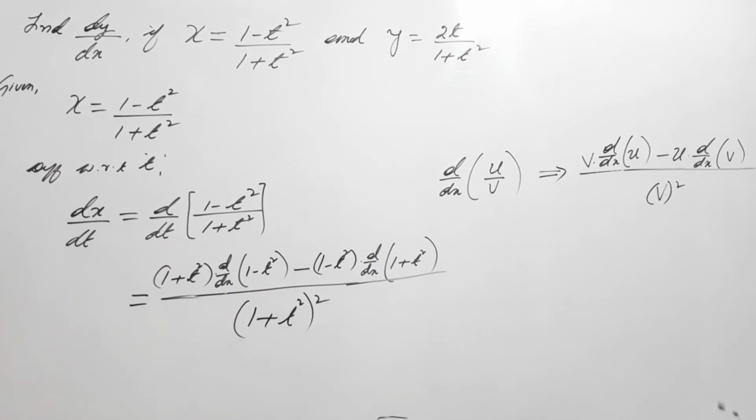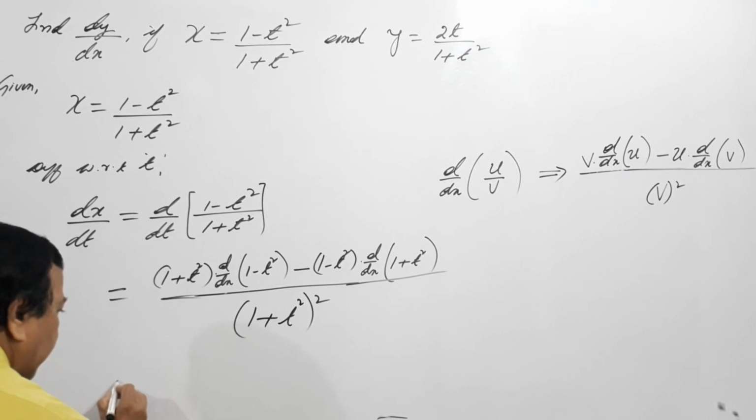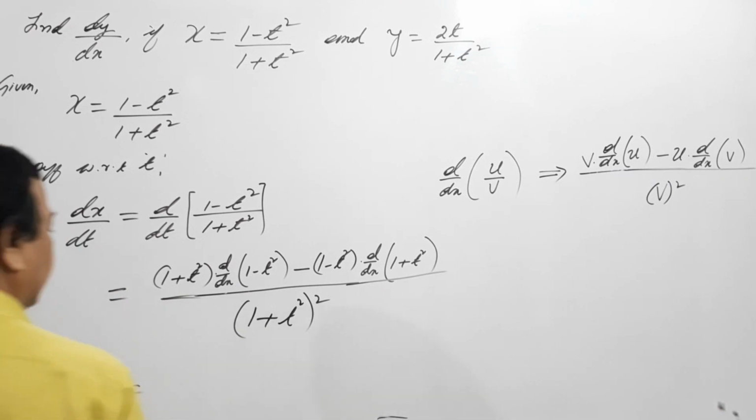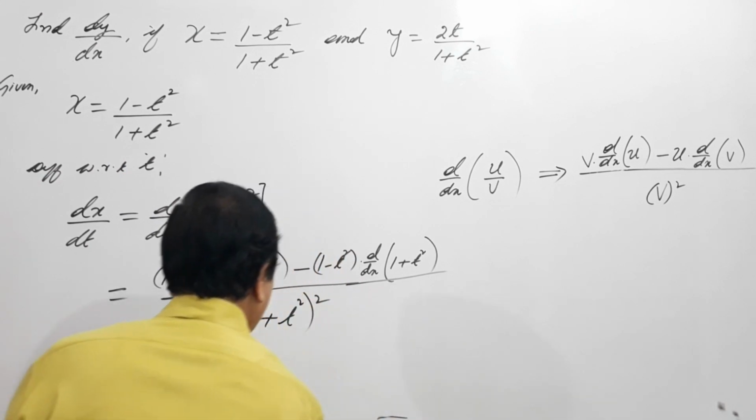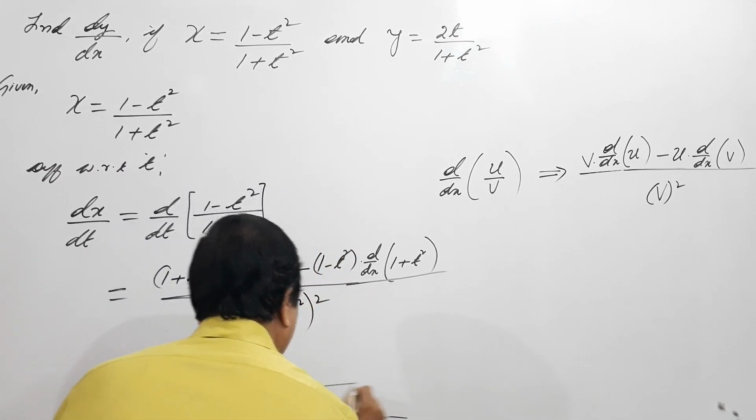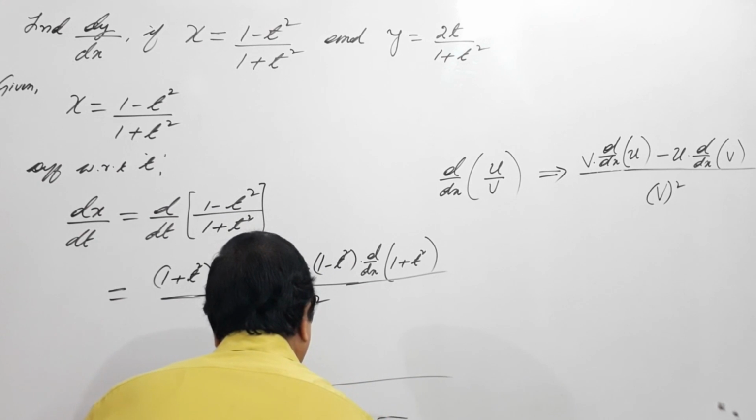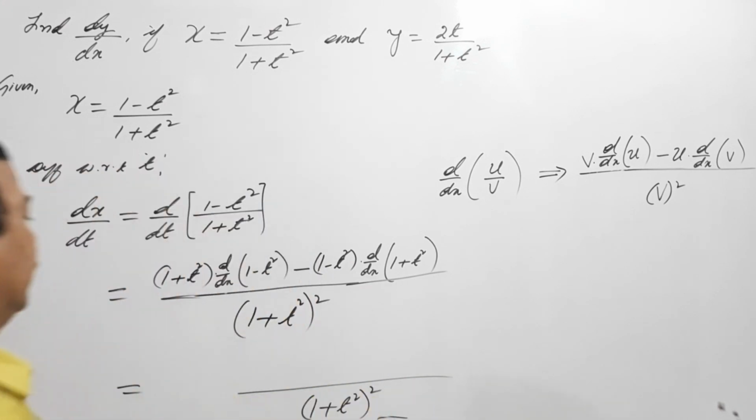So how do we go about this? This is equal to, I'll write this, 1 plus t square the whole square.